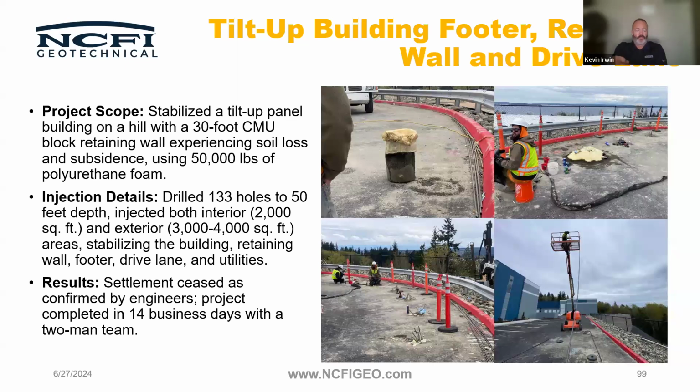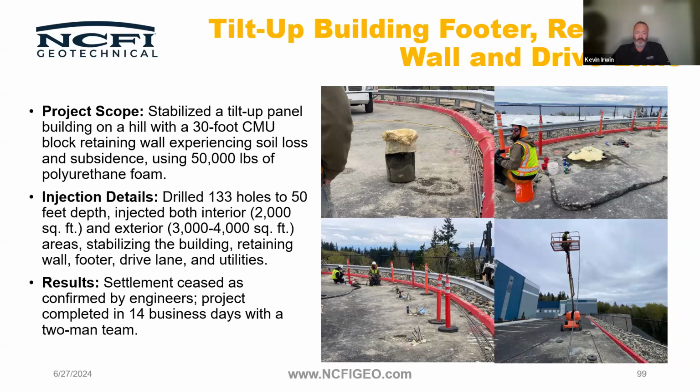So some projects that have been done with deep injection. This one. In this case, we've got a tilt-up footer, retaining wall and drive lane that was stabilized using deep injection. In this instance, we had a 30-foot CMU wall, block retaining wall.